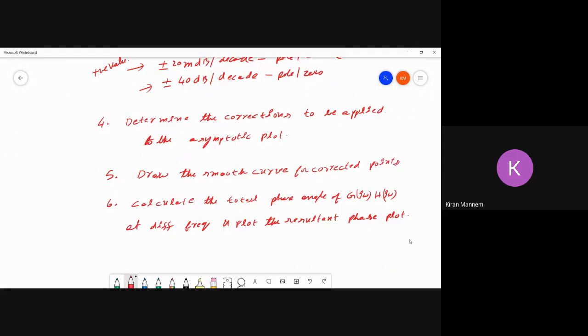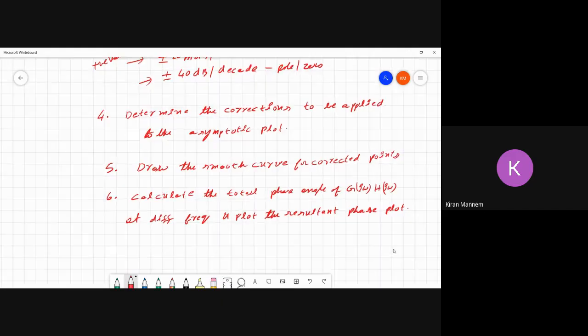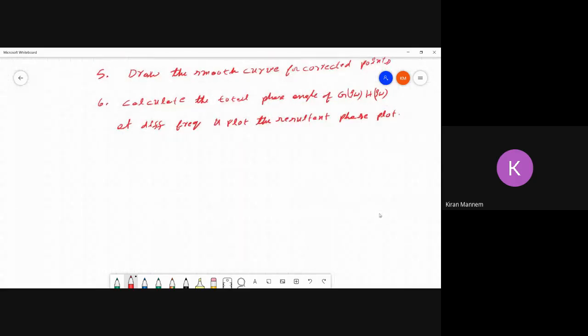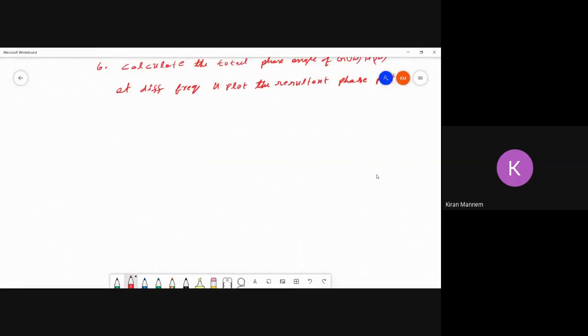Right. So let us take one simple example for drawing the Bode plot. Example number 1.